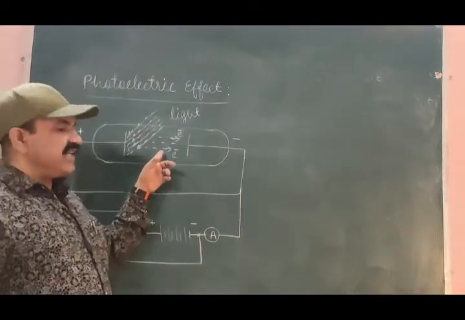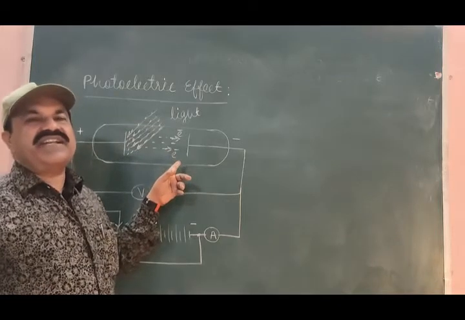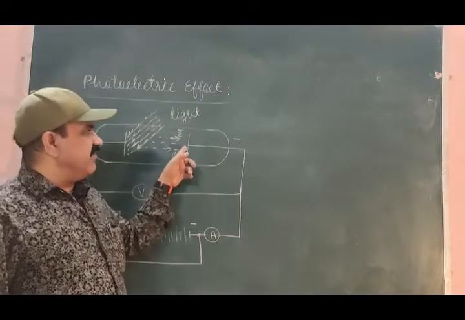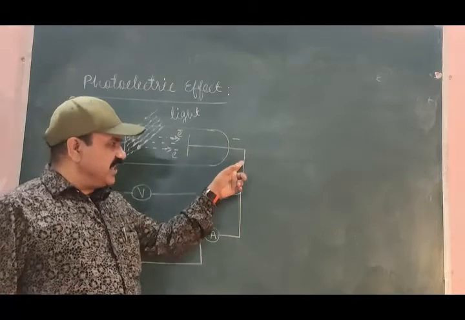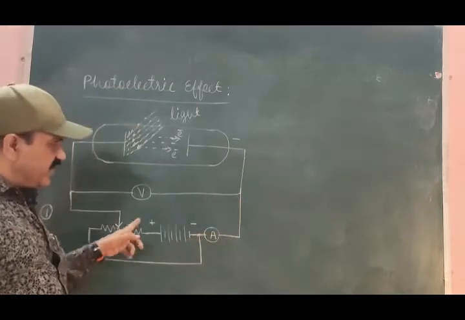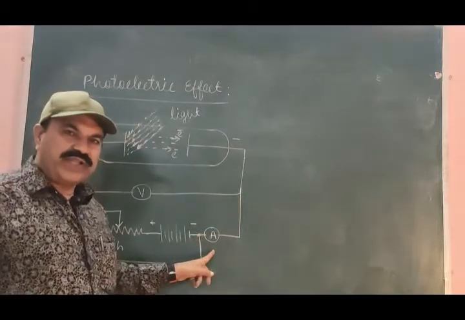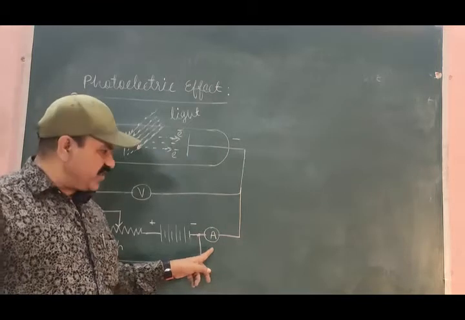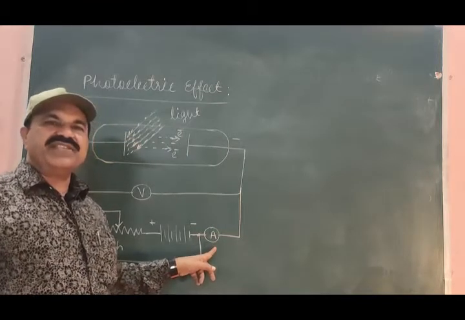But if these electrons have larger kinetic energies, what will happen? They will reach the plate, they will flow through the outside circuit. The current flowing through the external circuit will be measured by this ammeter.